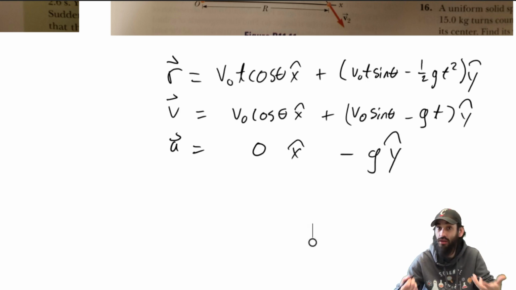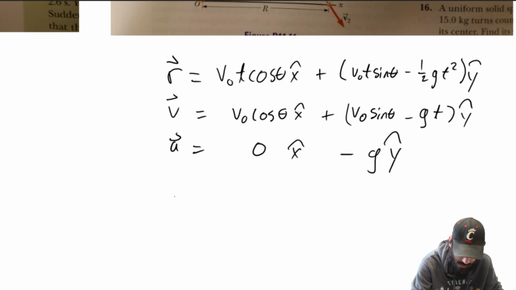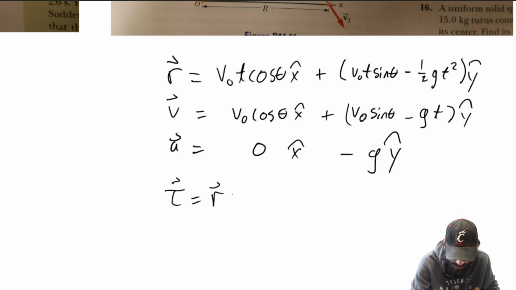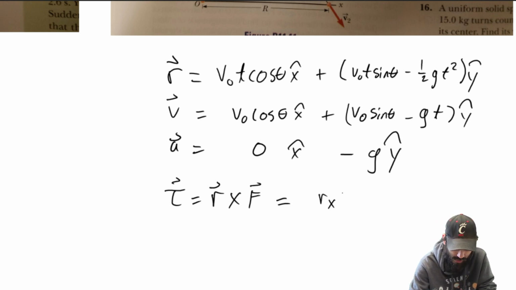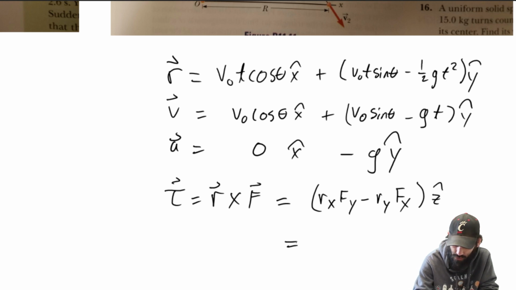So we want to calculate the torque and angular momentum in this case. So the torque, I'm sorry, I know I'm going really quickly, but I want to get this one out and done. So the torque is going to be equal to r cross F. This is going to be rx Fy minus ry Fx times z hat. And so we can read this off term by term, remembering that the force is equal to mass times the acceleration.